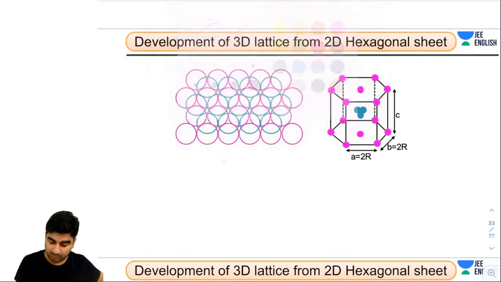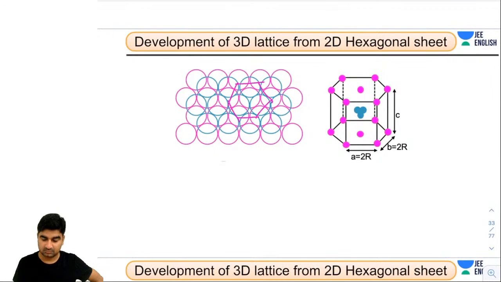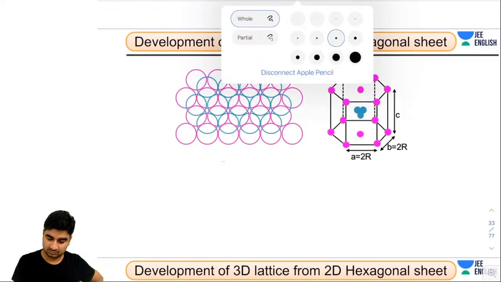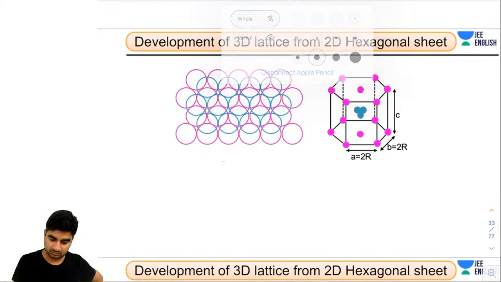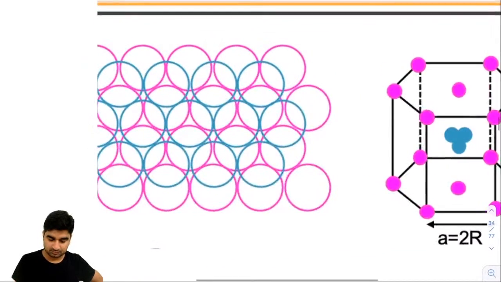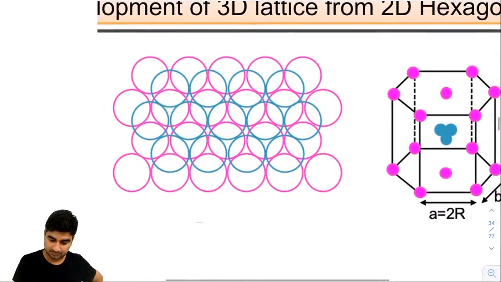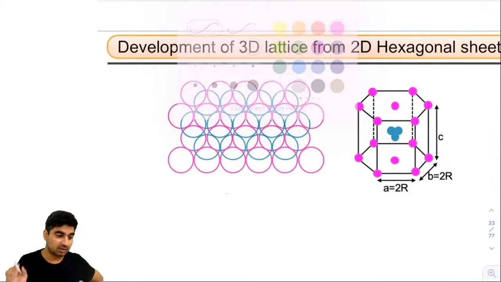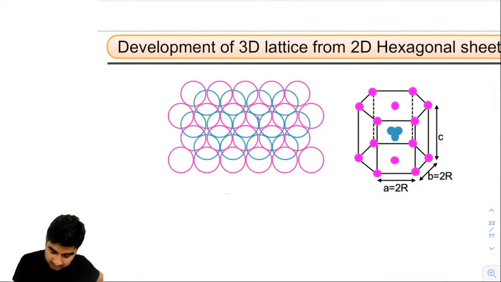If I'm talking only about pink, just focus on the pink. Now first let me make 1, 4, 6, 7.